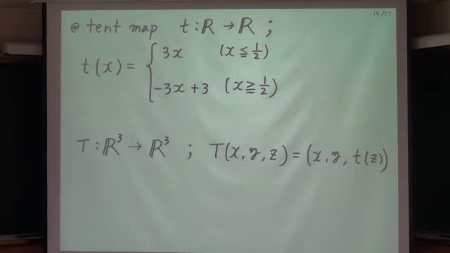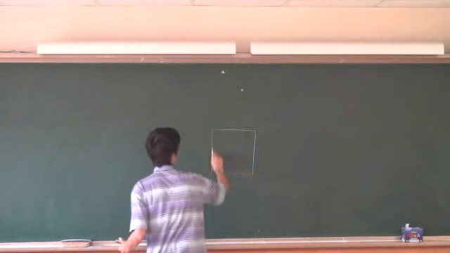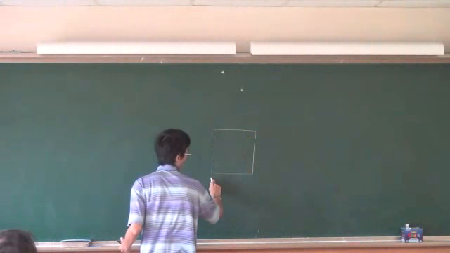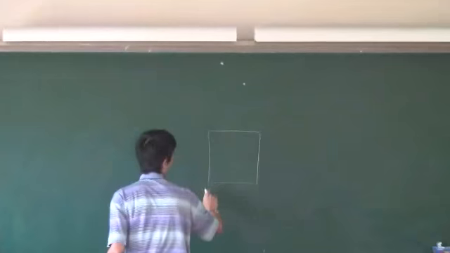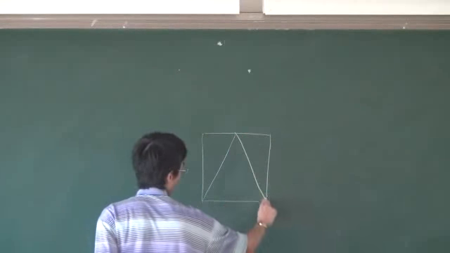That is a famous example in the theory of discrete dynamical systems. Usually, maybe the most famous tent map is a map from the unit interval [0,1] to [0,1], and the graph is like this.